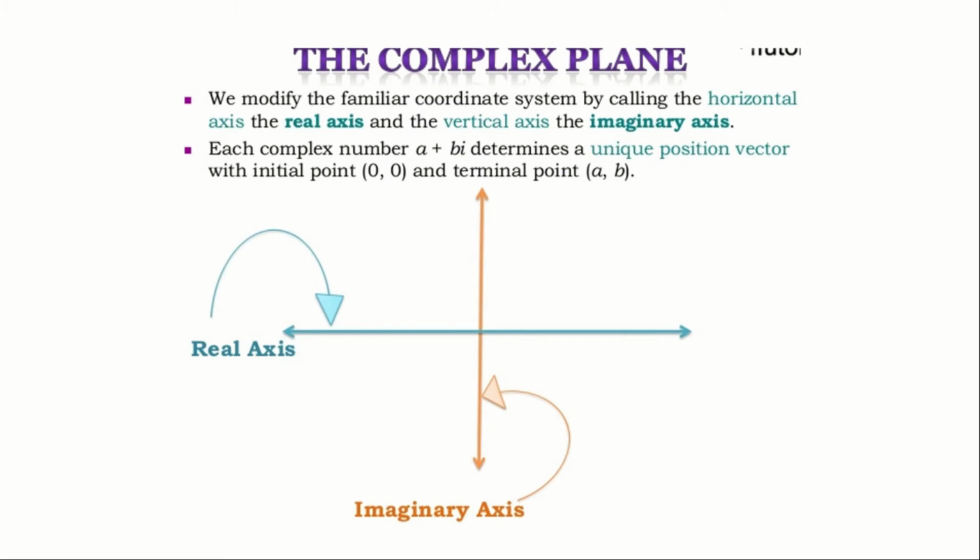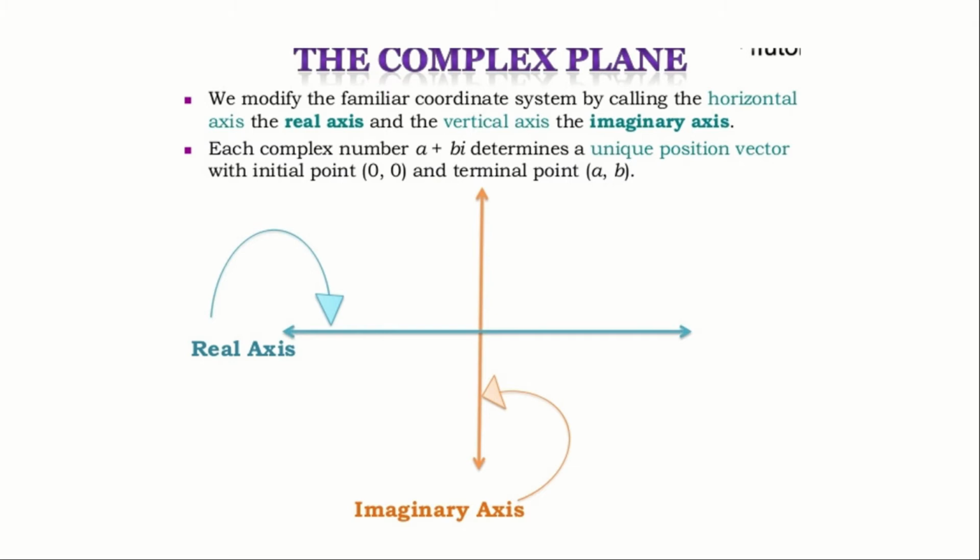Each complex number a plus bi determines a unique position vector with the initial point (0, 0) and the terminal point (a, b). So it determines a unique place in the graph.